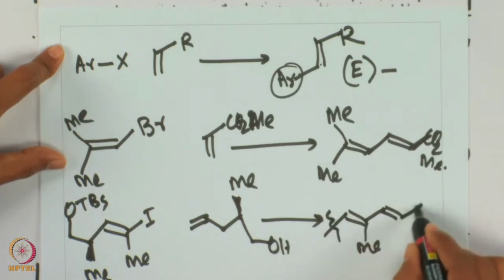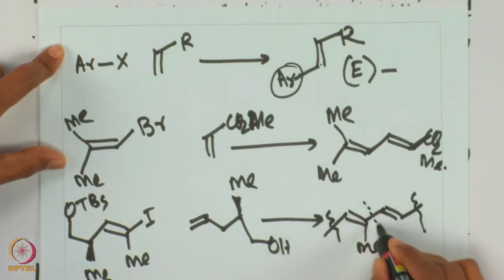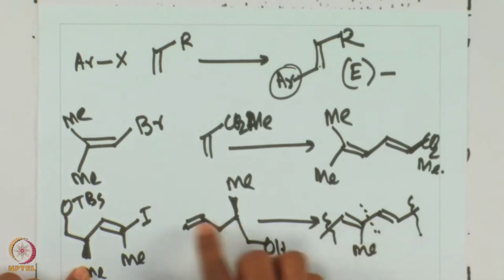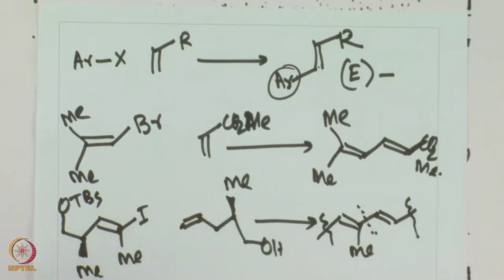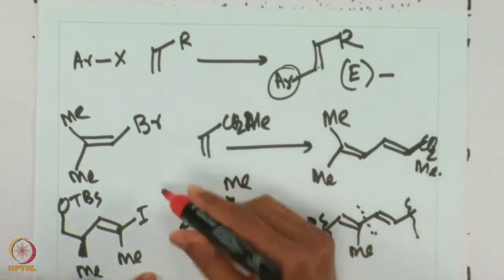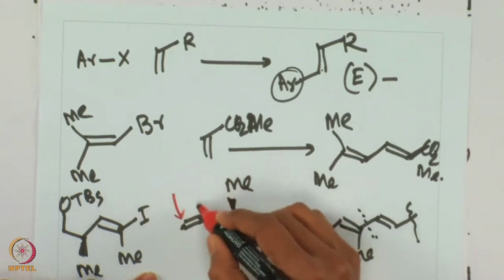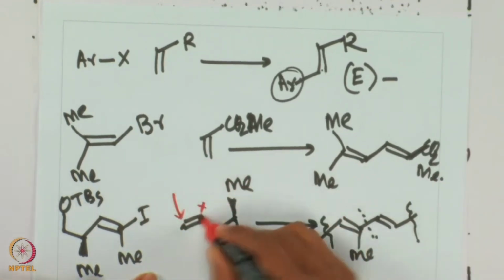So, let us not draw the whole part. This is the new carbon-carbon bond that forms between this carbon center and this olefin, and that is how we see that it is getting substituted at the less hindered position, not at this center. So, substitution is not happening at this carbon center, it is happening at this carbon center, it is not happening here. Okay.